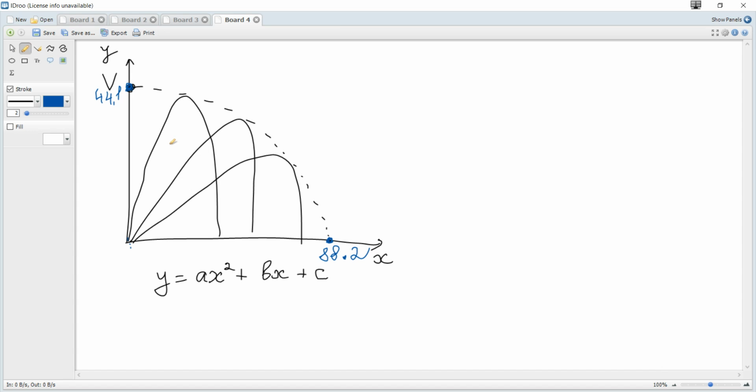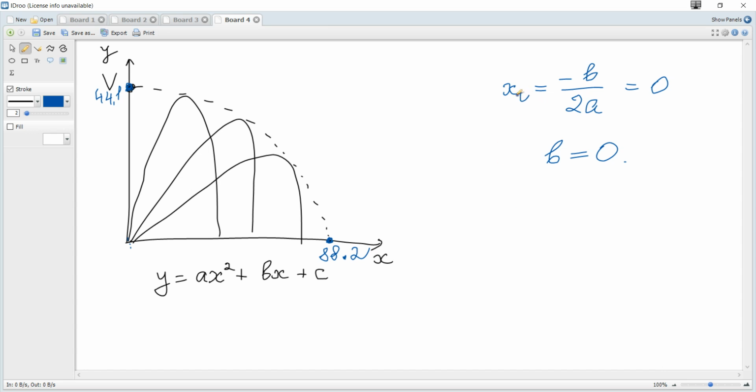It's very important that it's a vertex, and we know that the axis of symmetry, the x coordinate of the vertex, is negative b over 2a. This formula is given in a data booklet, and since x is 0, we can conclude that b is 0.